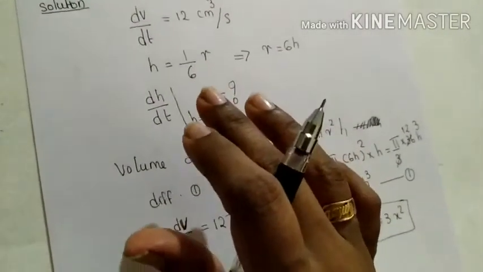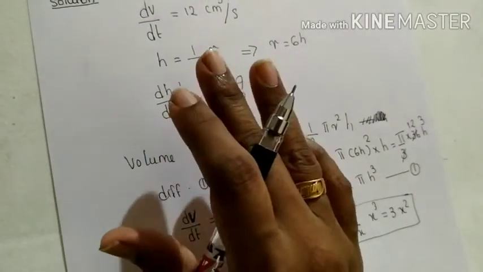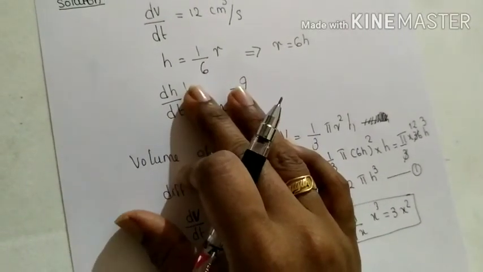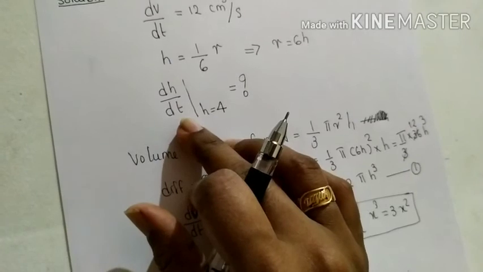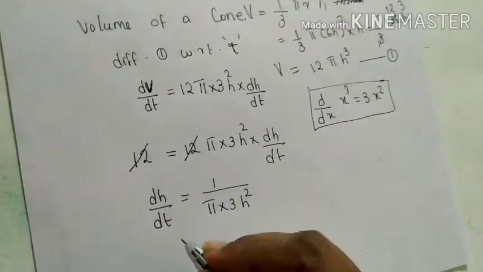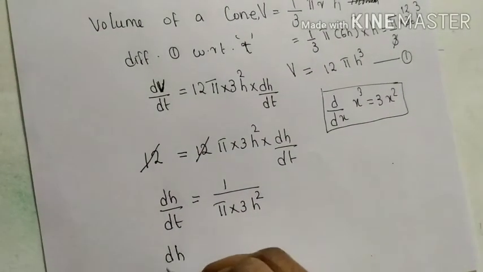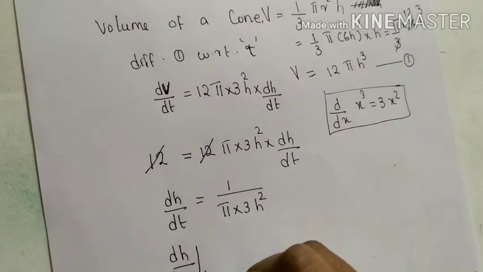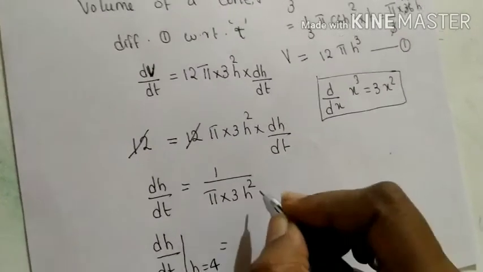Okay, so our question is we need to find the derivative of height with respect to time at h equal to 4. So next I am going to substitute h equal to 4 in the above step.